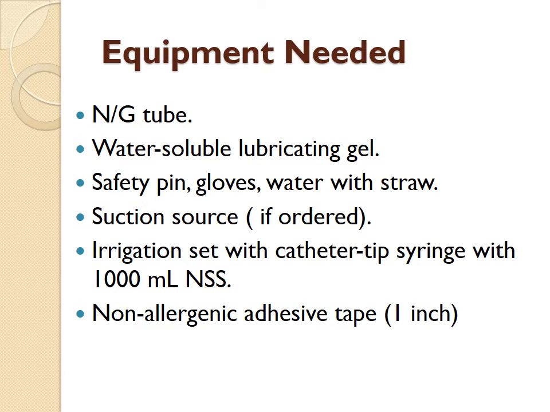Okay, you want to make sure that you also have a sterile 60 milliliter syringe, usually the correct syringe with the correct catheter tip. Sometimes you can use the irrigation equipment and the syringe will come with it. Sometimes you will just get a container or a bowl.